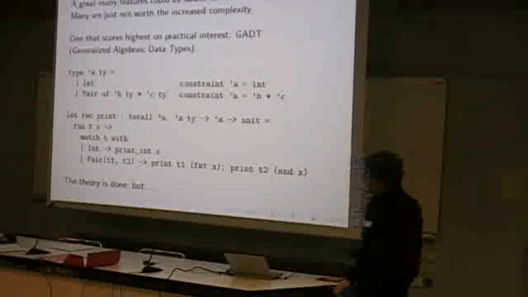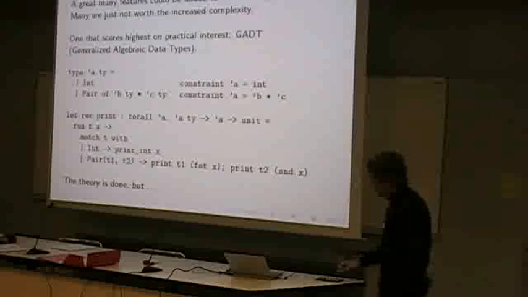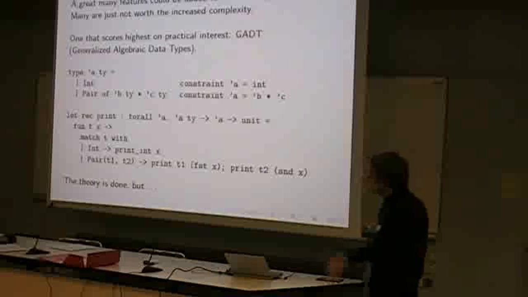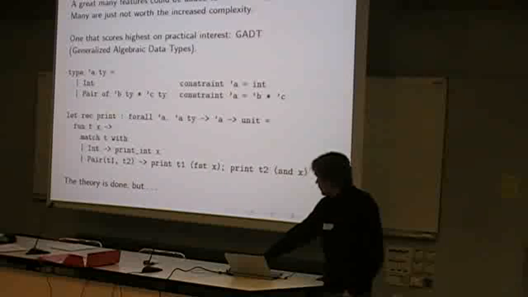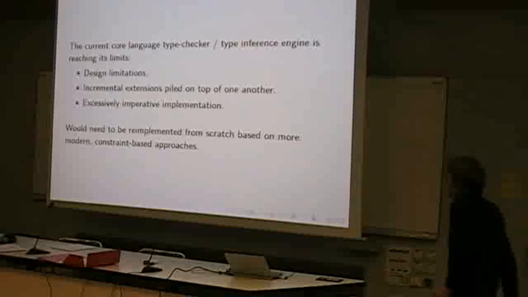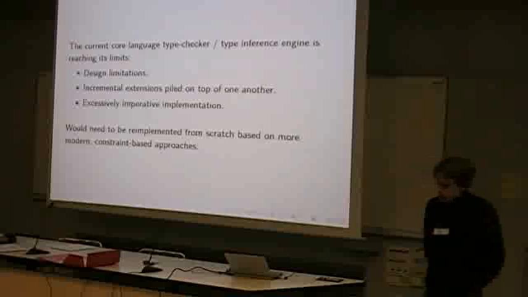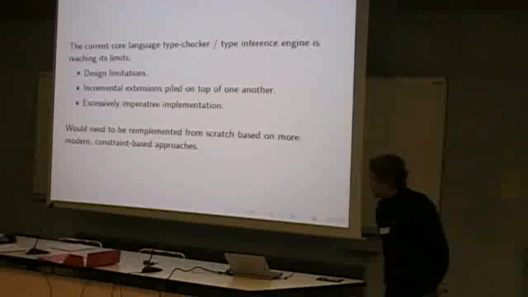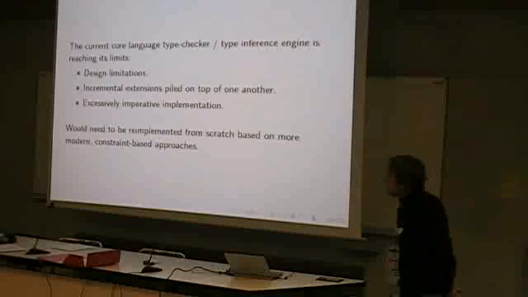So the theory behind this is mostly done, in particular behind type inference for this, which is not completely obvious. François Pottier at INRIA has been doing some very nice work on this lately. If we want to implement it, we hit a problem, which is that the type inference engine in Caml, and the type checker for the core language, is reaching its limits.